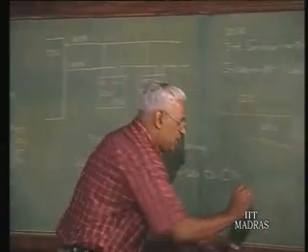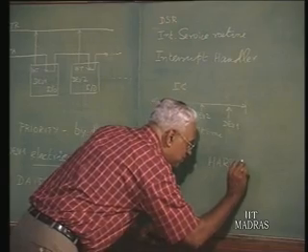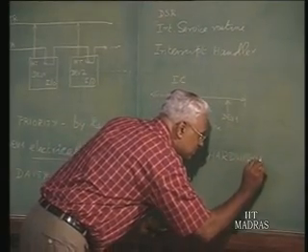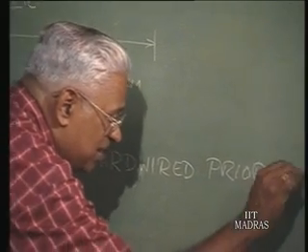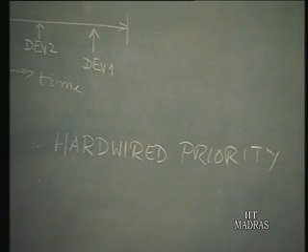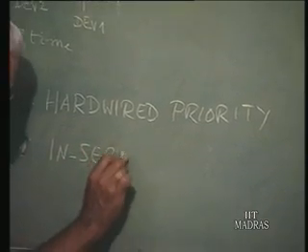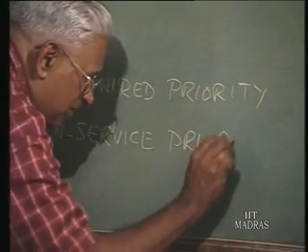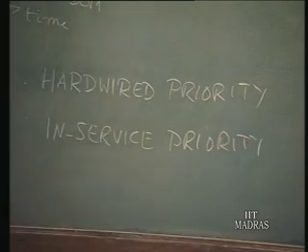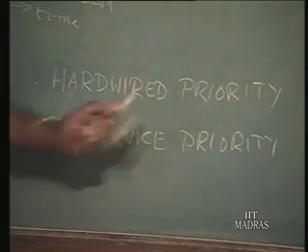So, we have to talk about the two priorities. Of course, there is a way in which this problem can be circumvented, but anyway, let us make note of this also. In service priority: a device is already being serviced, and in service, what is its priority?